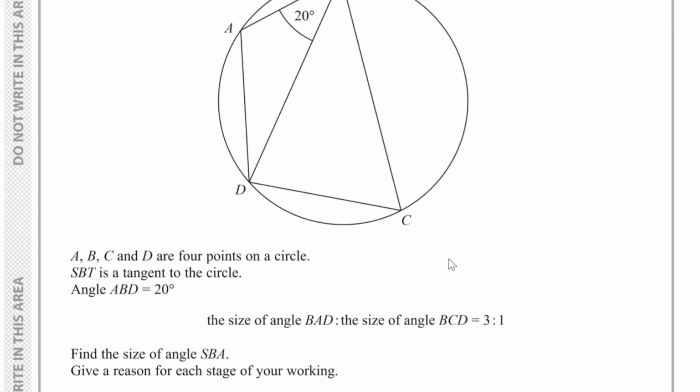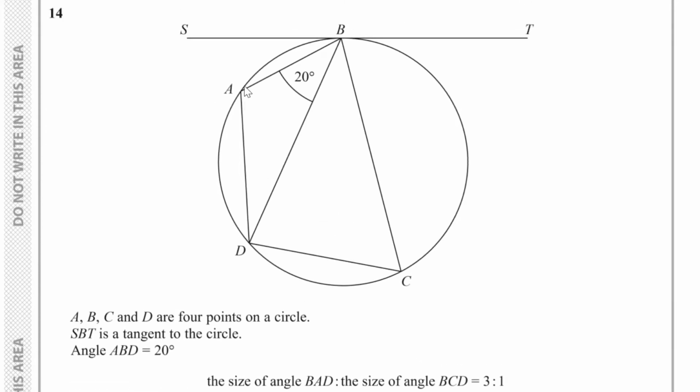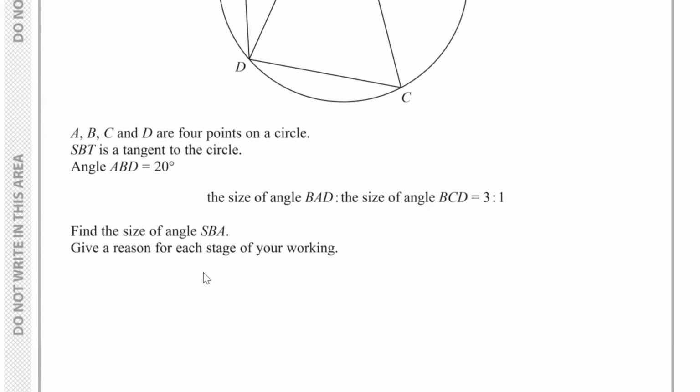Now, what we can do is recognize that opposite angles in a cyclic quadrilateral add up to 180. So this angle plus this angle adds up to 180. And so, using our ratio, we've got 180 divided by 3 plus 1. 180 divided by 4 is 45, so that means we've got 45 degrees per part.